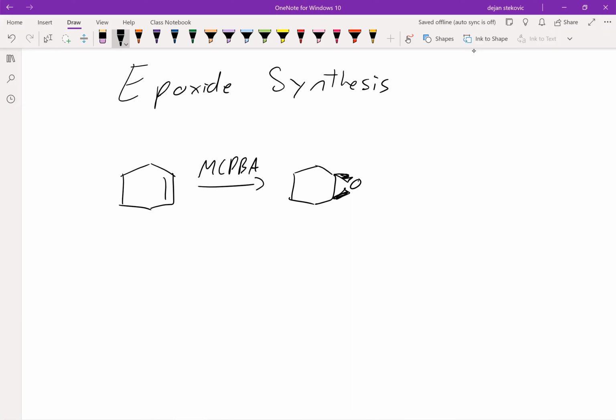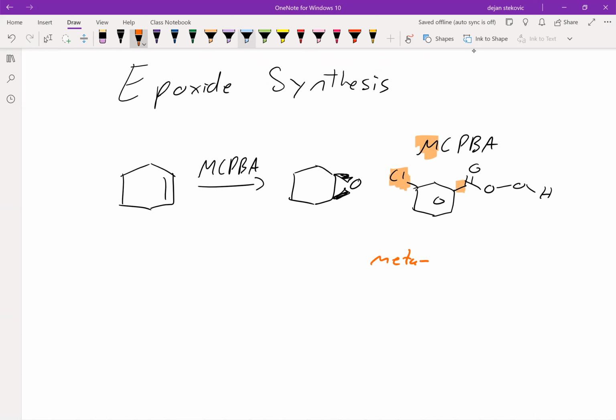So what is MCPBA? Let's take a look at the molecule, because now we have all the knowledge to name it. All right, so the M stands for meta because our two groups are meta to one another.